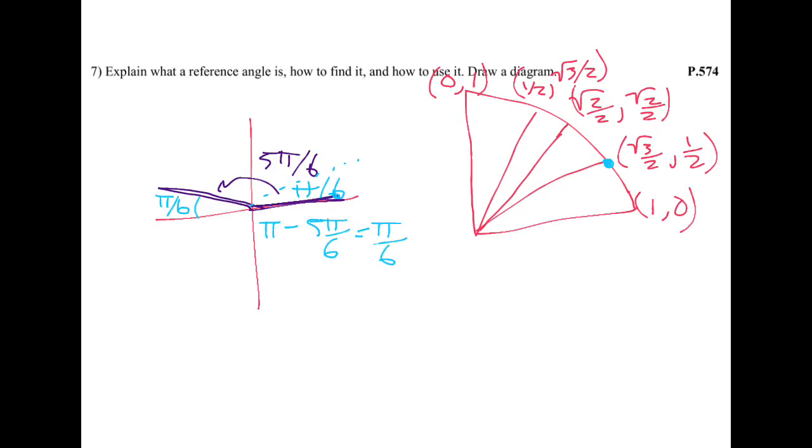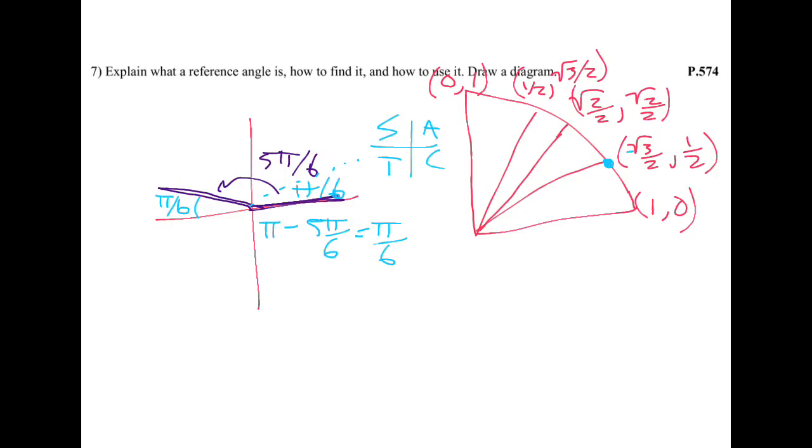And I know that the y value will be the same and the x value will be the opposite using symmetry. Again, that's also using All Students Take Calculus. I know that sine is positive, the y value, and I know that cosine in that quadrant then has to be negative. That's a reference angle.